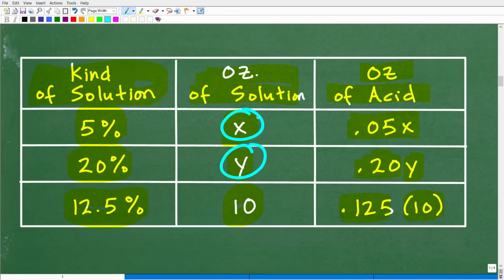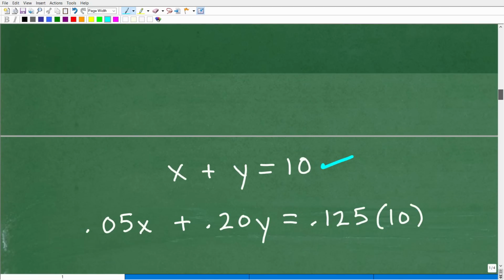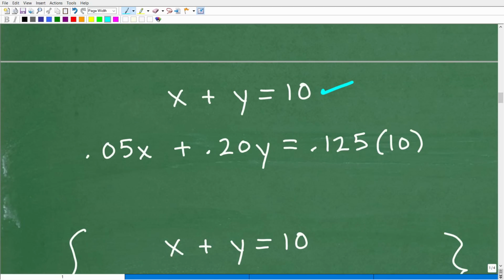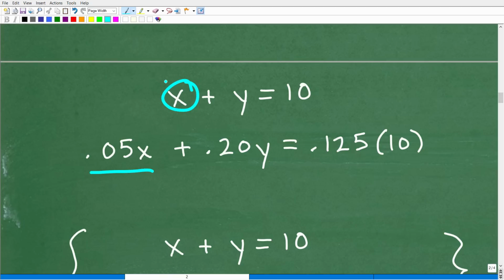Remember, this is the ounces of solution. This is how much we're going to be mixing together. So we're mixing together so much of this plus so much of that, but the total is going to be 10. So you've got to really be paying attention to these equations. And our second equation is the amount of acid. However many ounces we're going to be using of the 5%, this is the amount of acid that you're going to have.